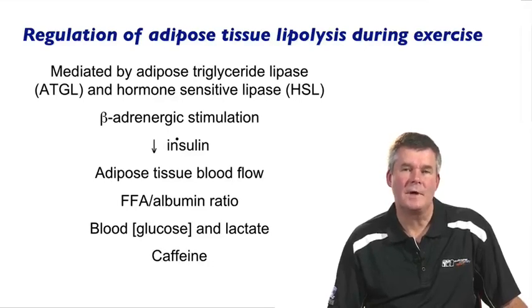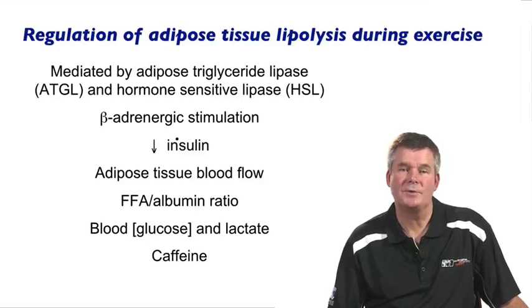One of the side effects of taking beta blockers, and a number of cardiovascular patients do that, is that they see an inhibition of the mobilization of fatty acids during exercise. And that can sometimes be associated with muscle fatigue, probably because of an increase in glycogen use, and that needs to be managed if you're employing exercise in cardiac patients who might also be on these beta blocker agents.